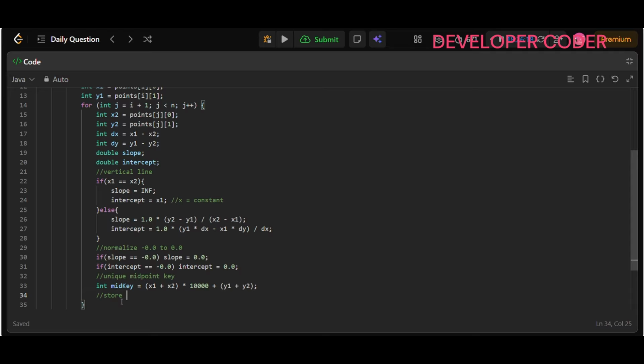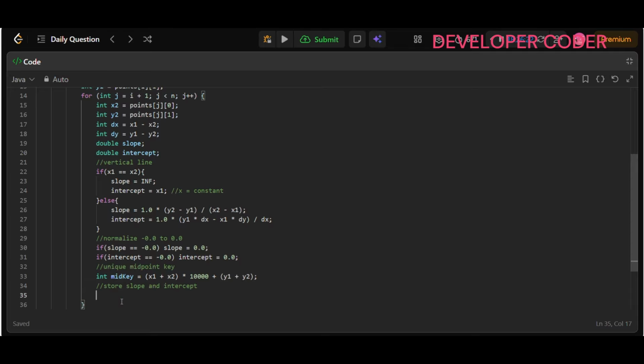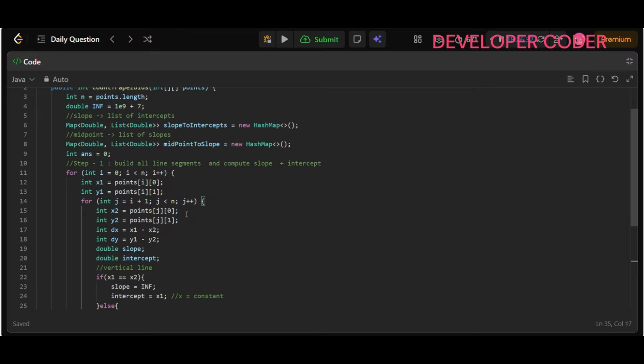Now we have to store the values, slope and intercept, in the map. Why waste time? Instead of slope to intercepts, I can make it slope to intercept only.